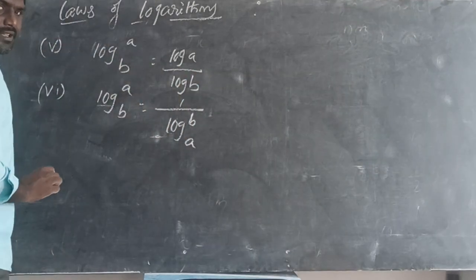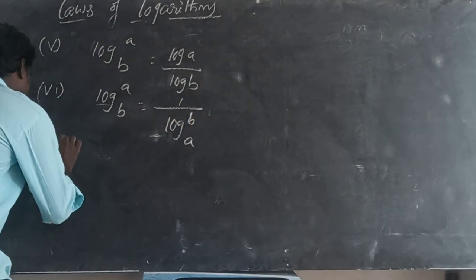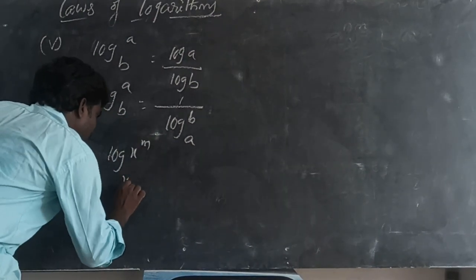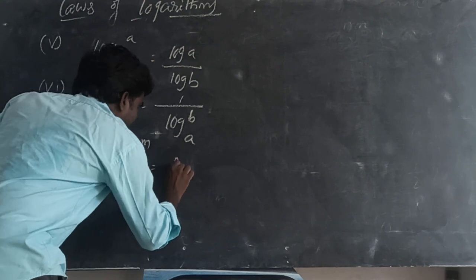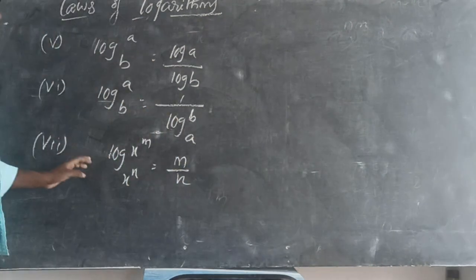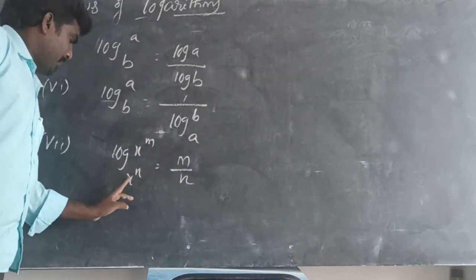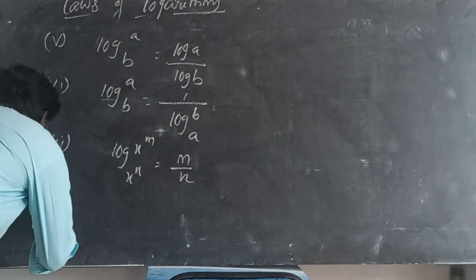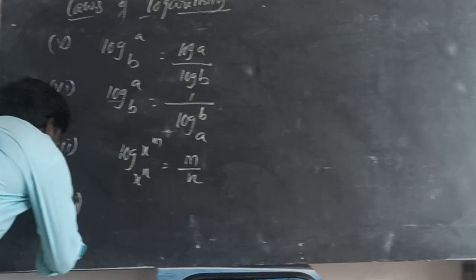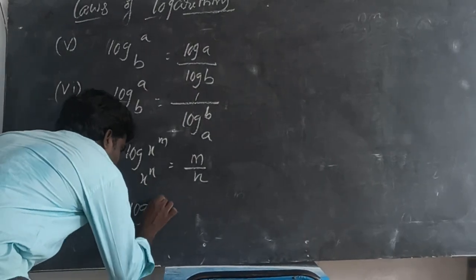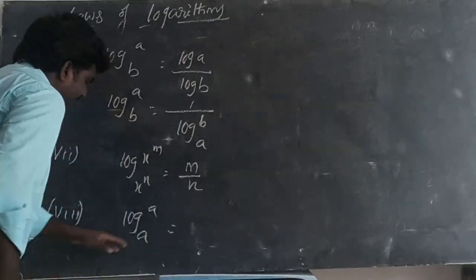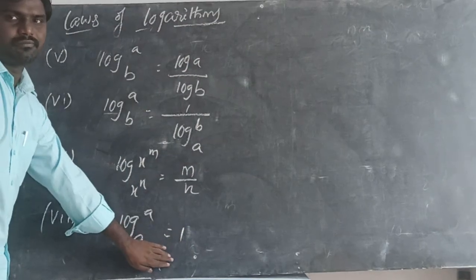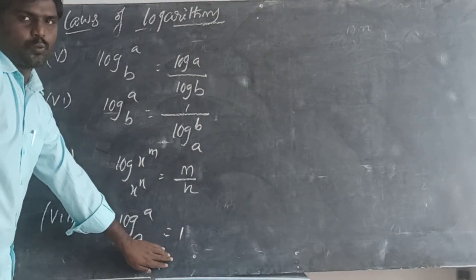Another one, log x power m base x power n is equal to m by n. Another one, log a base a: log of any number with the same number as its base has value 1.